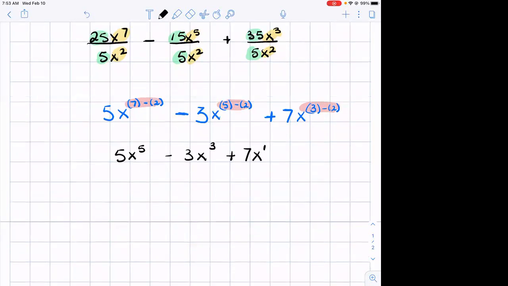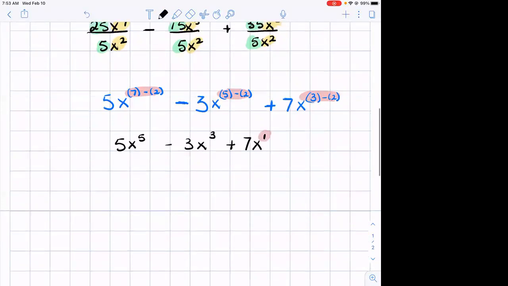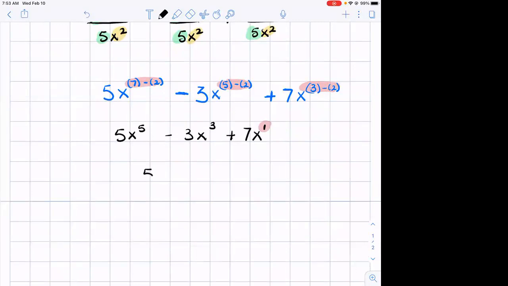When we have a power of 1, we don't need to write it. So finally, we have 5x to the 5th minus 3x cubed plus 7x. This is the result of that division of polynomials, our final answer.